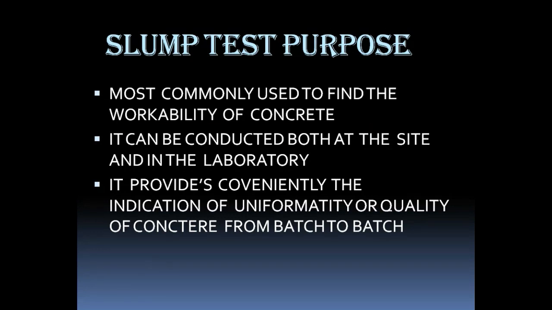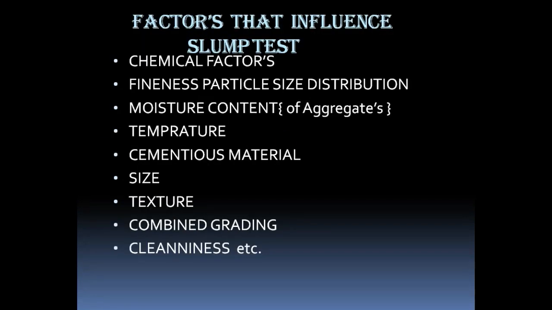Next are the factors that influence the slump test. It is the chemical factor, the finest particle size distribution, the moisture content of aggregate, and the temperature, as it varies with temperature, then the cementitious material, then the size, which we have discussed in our workability test. So the size of the particles that we are using, if coarse sand is thin or thick, it makes a difference.